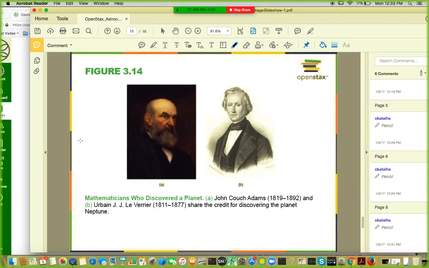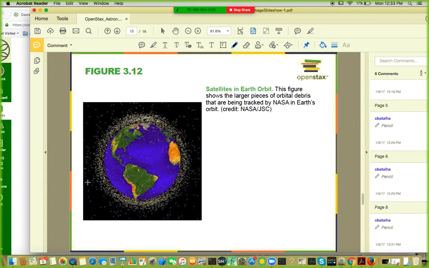One of them is angular momentum, which was shown in the previous figure here.